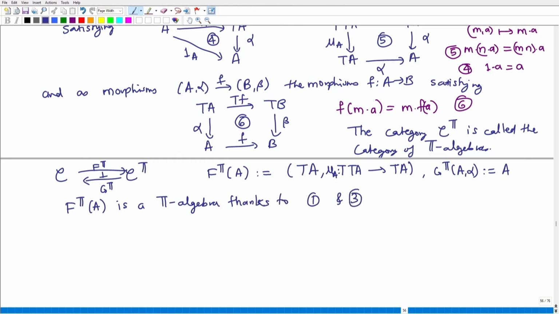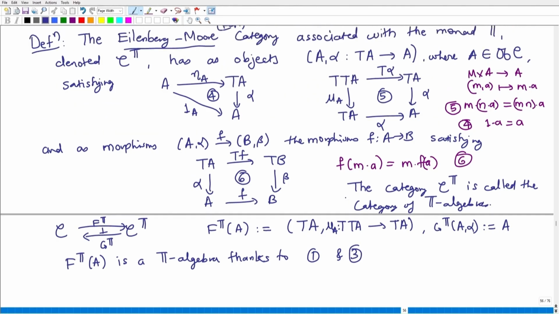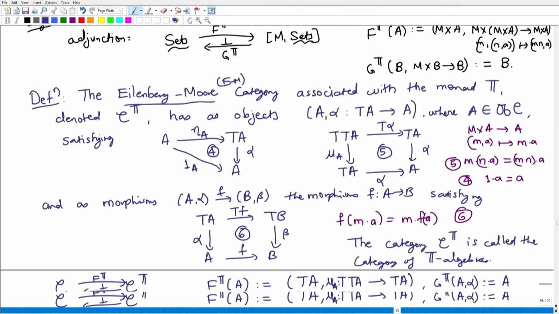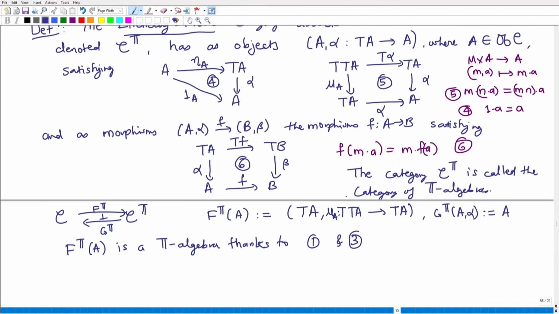Now I have to show you something. What do we want? We want that 4 and 5 are satisfied. But look at 4 and 5 in the special case. It's A to TA to A. But our A is TA. So TA to TTA to TA.